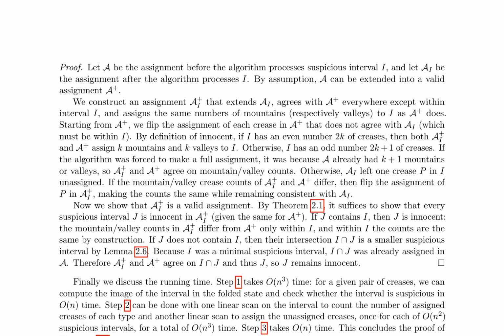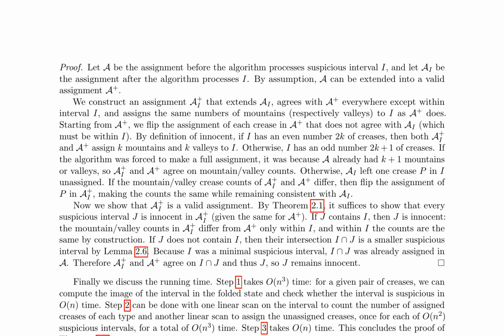By flipping the assignment of creases in A+ that do not agree with AI, A+ and AI are shown to agree on mountain and valley counts. The validity of A+ is established by demonstrating that every suspicious interval J is innocent in A+. The running time of the algorithm is analyzed, with step 1 requiring O(n^3) time, step 2 requiring O(n^3) time, and step 3 requiring O(n) time.